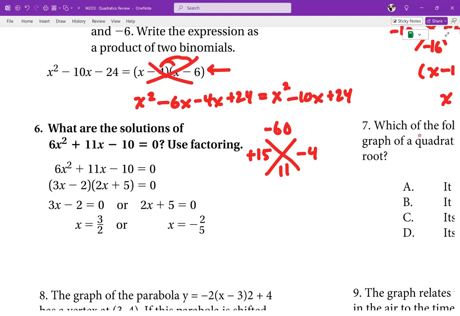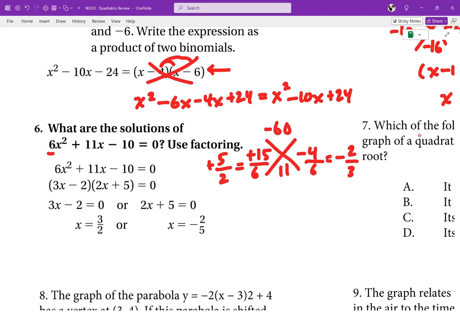Now, I have to divide by 6, right? Because a is 6. So if I divide by 6, I get negative 2/3, and positive, if I divide by 3, that'd be 5 halves.